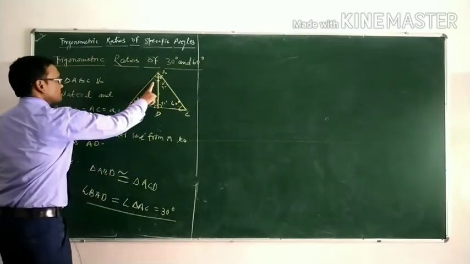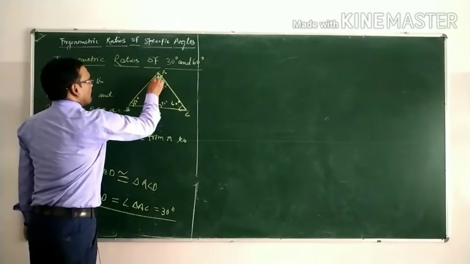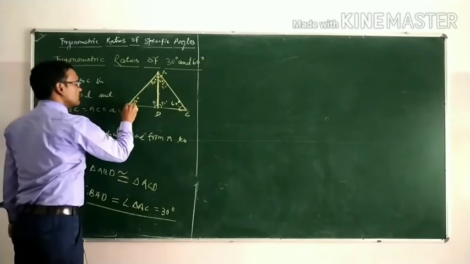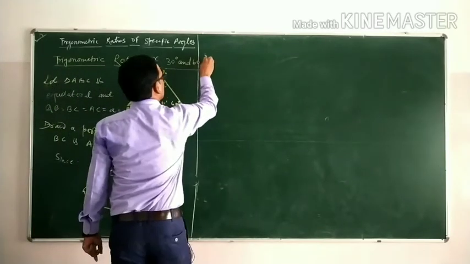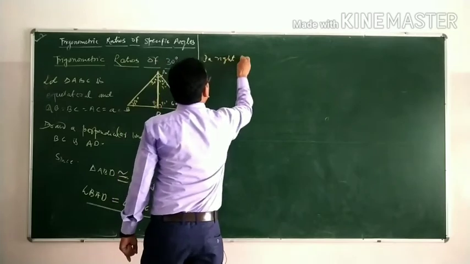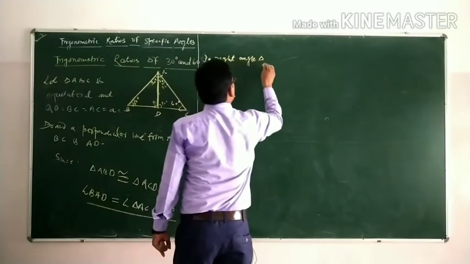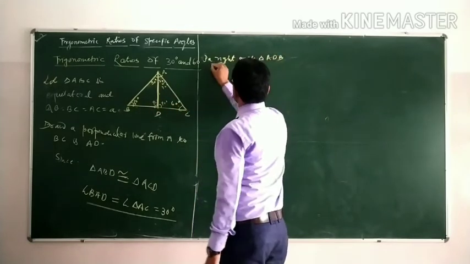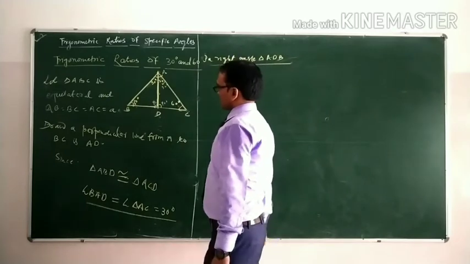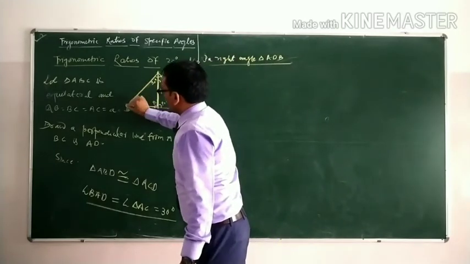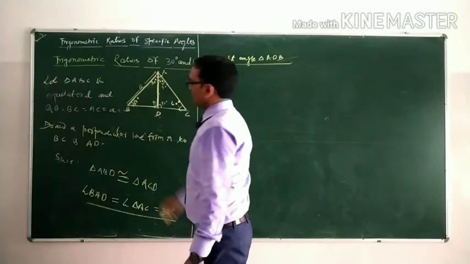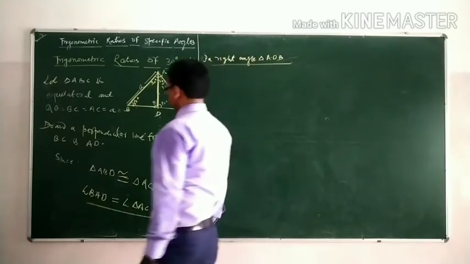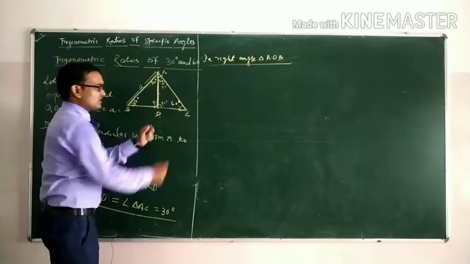That means in right angle triangle ADB, AB is A, which is given, and BD equal to DC.